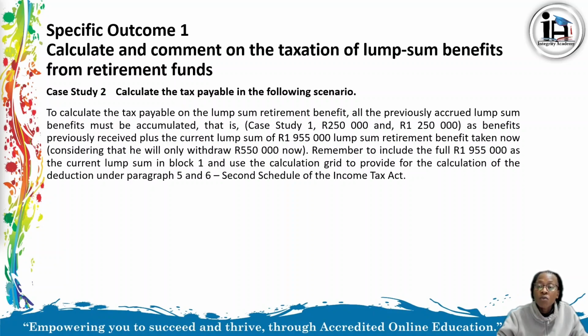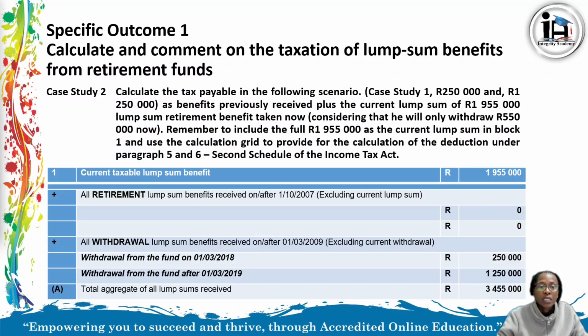Remember to include the full 1,955,000 as the current lump sum in block 1 and use the calculation grid to provide for the calculation of the deduction under paragraph 5 and 6, second schedule of the Income Tax Act.